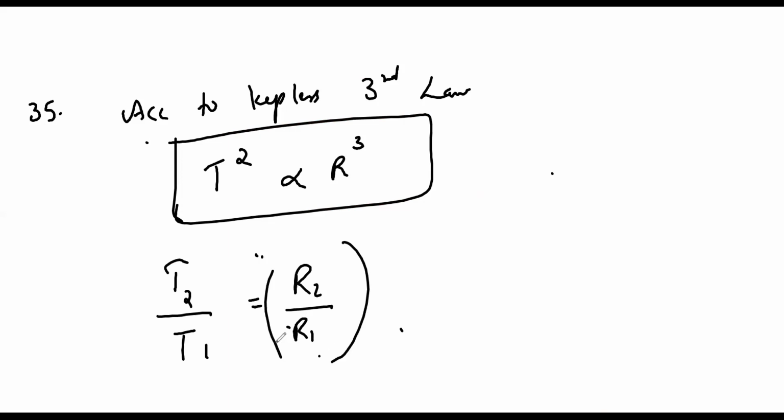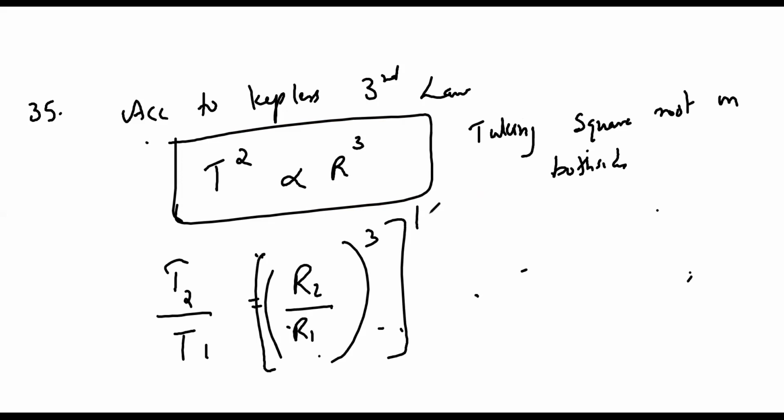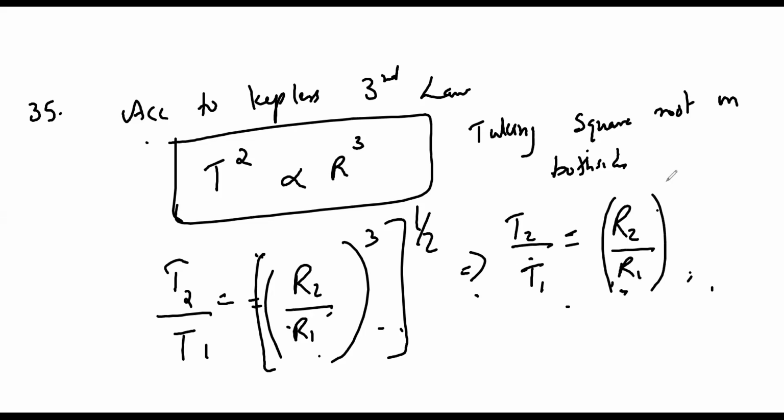If I'm taking the square root on both sides, this will become 3 whole power 1 by 2 is equal to 3 by 2, correct? So T2 by T1 is equal to R2 by R1 whole power 3 by 2.